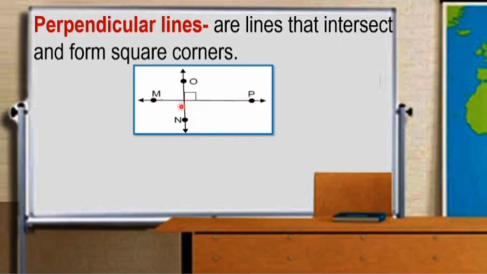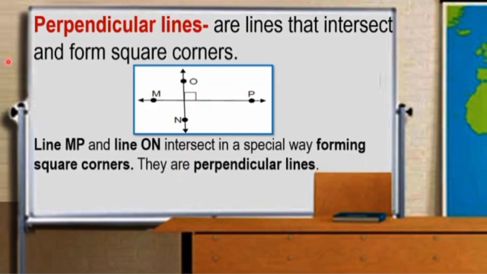Tama, nag-intersect sila and nag-form ng square corners. So, one square corner, sa baba niya, meron again another square corner, and then dito sa kabila, another square corner, and then dito sa taas, another square corner. So, ito ay perpendicular line.